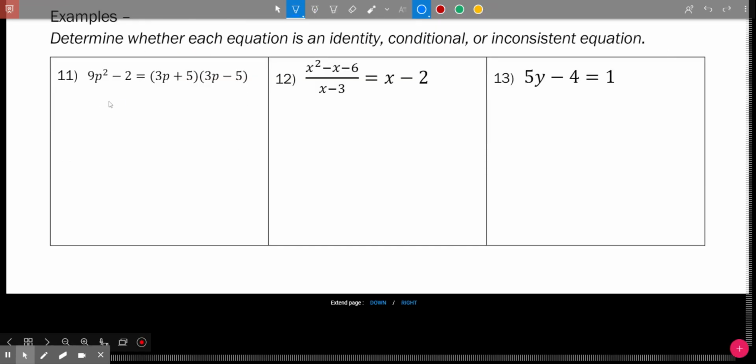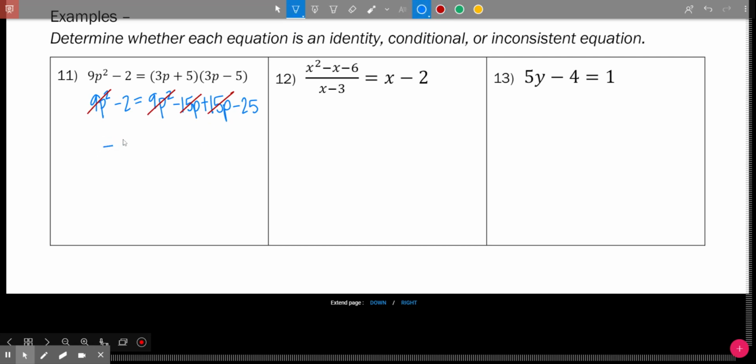So in number 11, I have 9p squared minus 2 equals 9p squared minus 15p plus 15p minus 25. When I subtract 9p squared from both sides, my 9p squareds cancel out, and my negative positive 15p's cancel out.